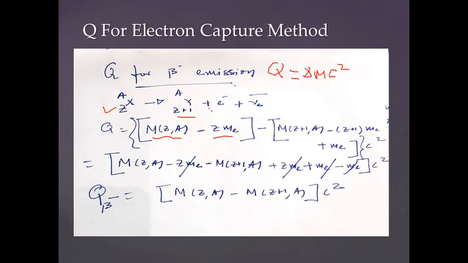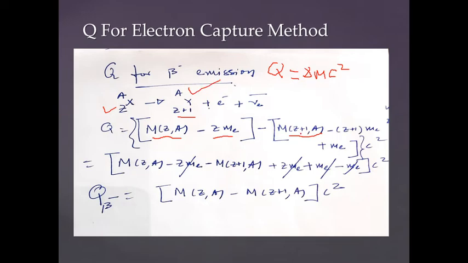Here in this case you can see that there is an electron emission. So I am a little careful while writing the mass. This is the atomic mass; remove the mass of electrons, and that will become the nuclear mass of X. Similarly, I subtract from the atomic mass of the daughter the number of electrons.